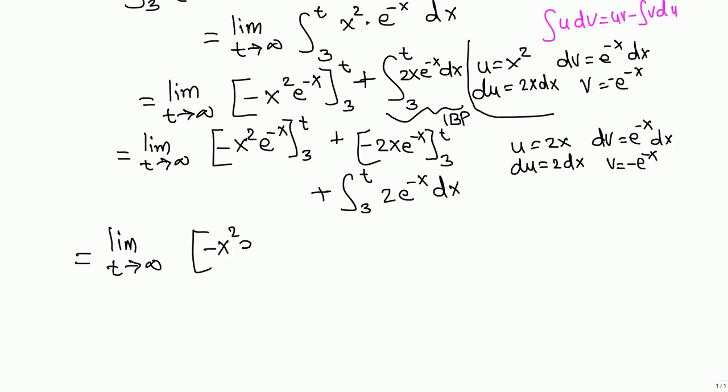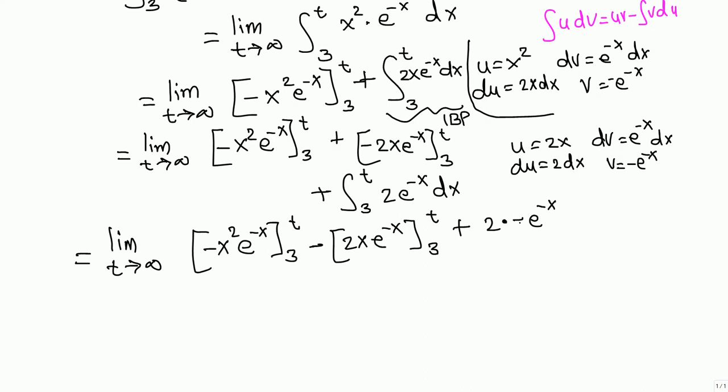Negative x squared e to the negative x from 3 through t, negative 2x e to the negative x from 3 through t, and plus, let's evaluate this integral. 2 is 2, and the antiderivative of e to the negative x is negative e to the negative x, that is e to the negative x divided by negative 1.